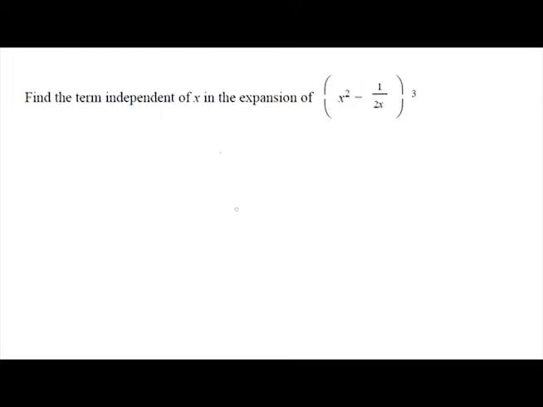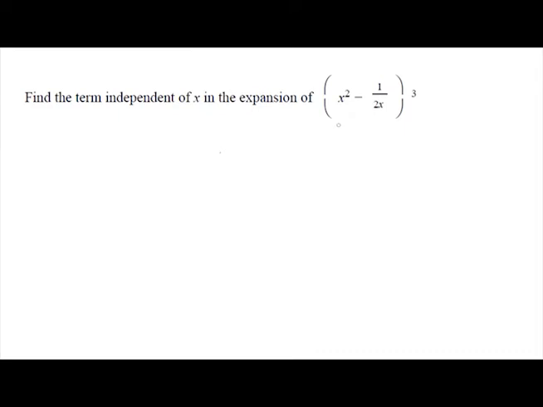Okay, so this question asks us to find the term that is independent of x in expansion of this binomial. So what does that mean exactly? It means we want to find which term is not going to have the x in the final solution. So first of all, we're going to be expanding this binomial by using the binomial theorem.